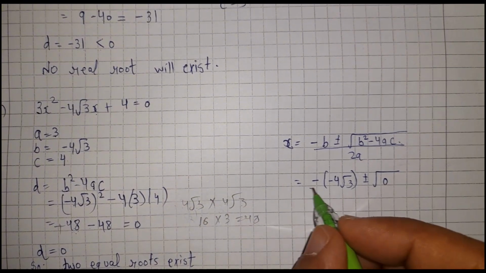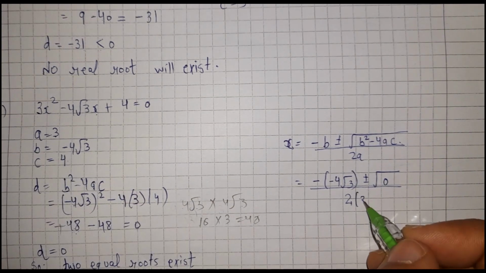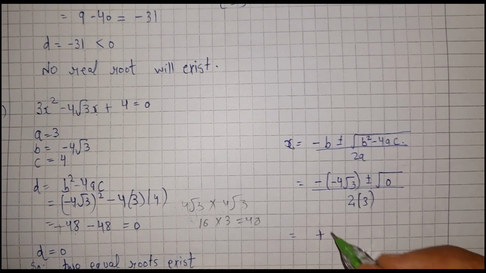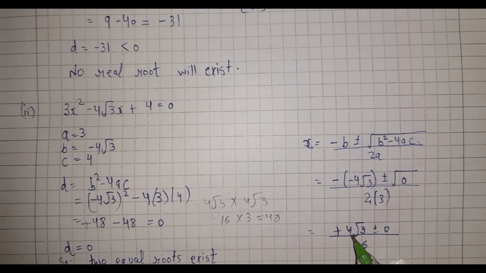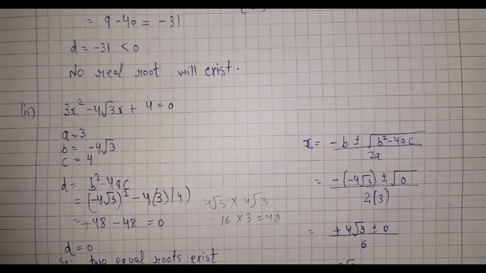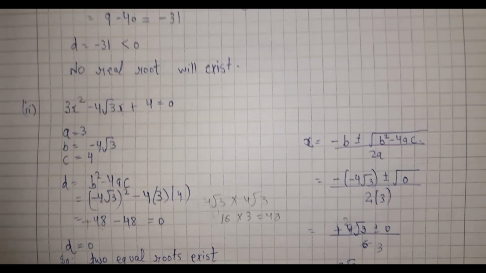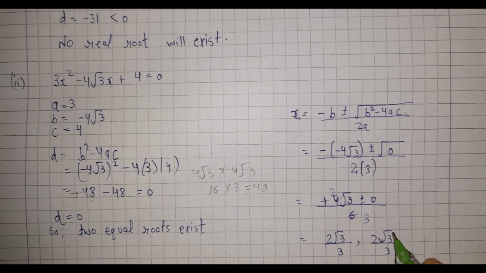So 0 upon 2a, where a = 3. After solving, we will have (4√3 ± 0) / 6. Now on dividing 4 and 6 by 2, we will have 2√3/3. So 2√3/3 and 2√3/3 are the two values of x.